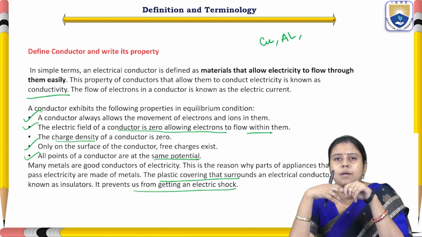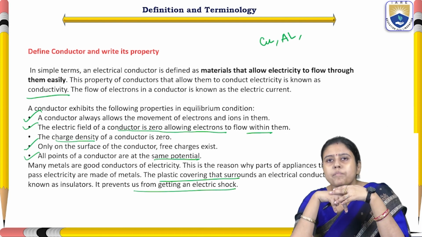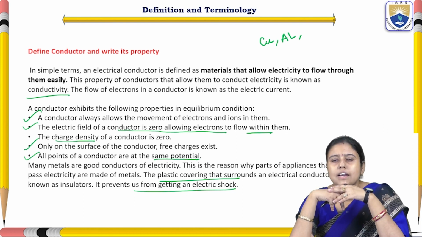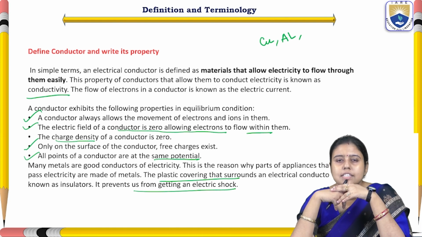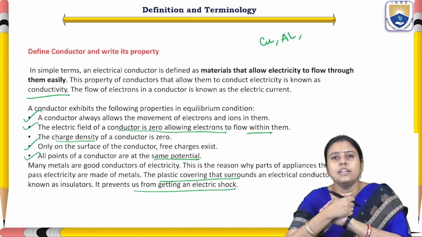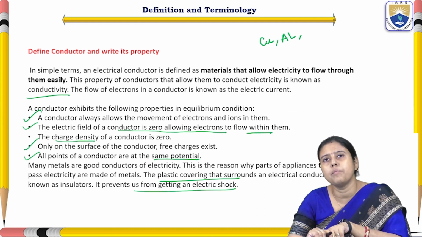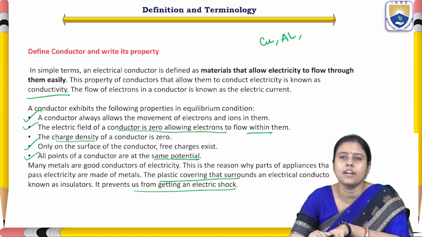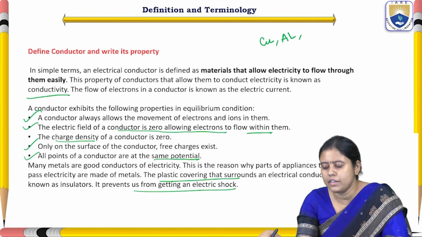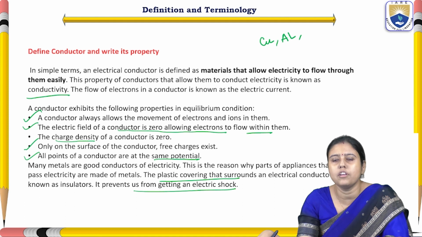Then the current density and different types of current density. Also, the dielectric constant, and the different types of permittivity. And the last important question, what is a conductor and what are the properties of conductors. So these are all the definition and terminology important questions from unit 2.